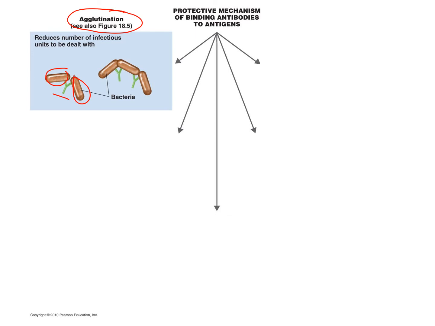Because every antibody can bind to 2 different microbes, you can end up with clumps of antibody binding to microbes. IgM is the very best at agglutination because it has 10 different antibody binding sites, so one IgM antibody can bind to 10 different microbes.